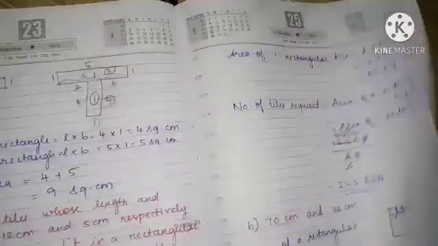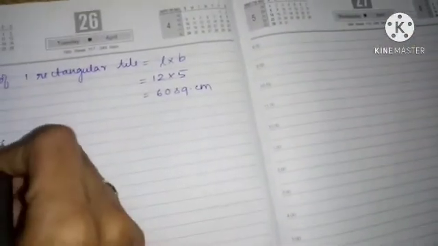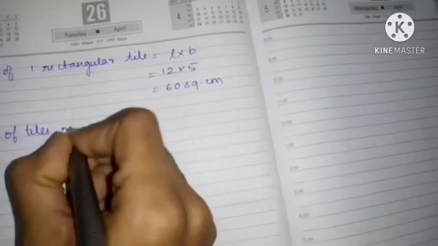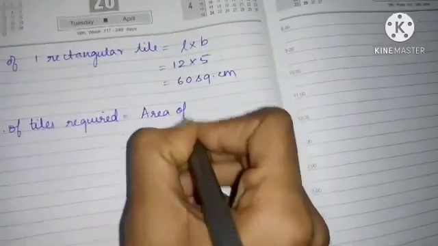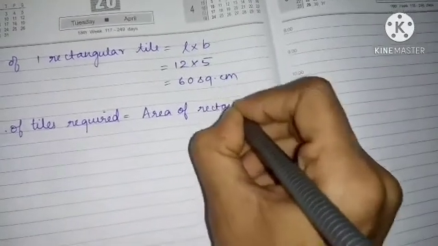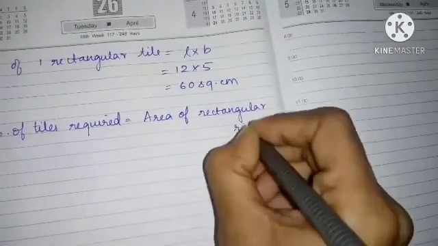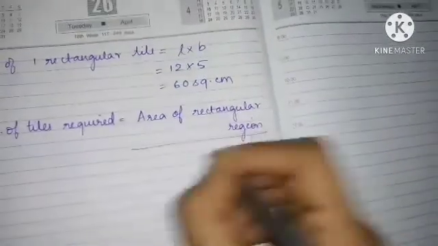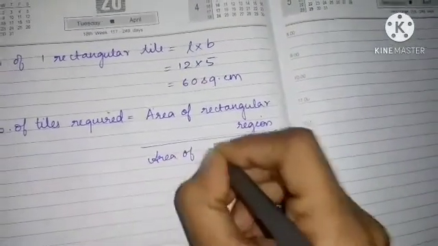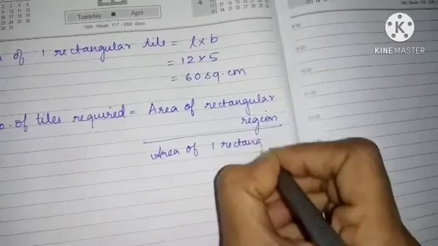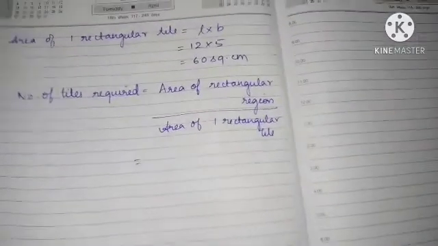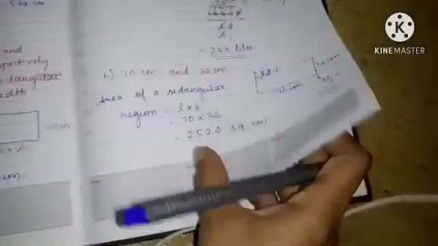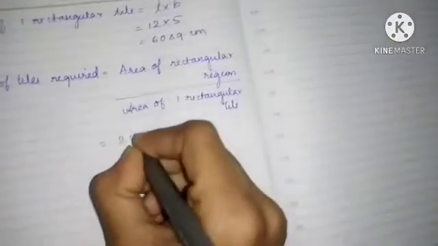So I have found the area of one tile. Now number of tiles required is equal to area of rectangular region divided by area of one rectangular tile. What is the area of rectangular region, children? In the previous step, 2520, right?